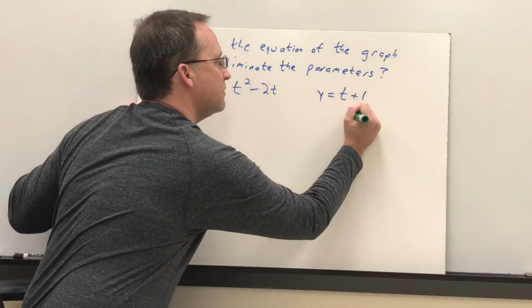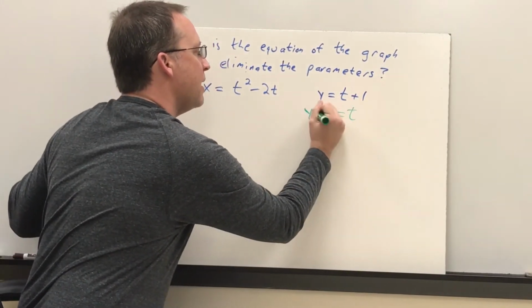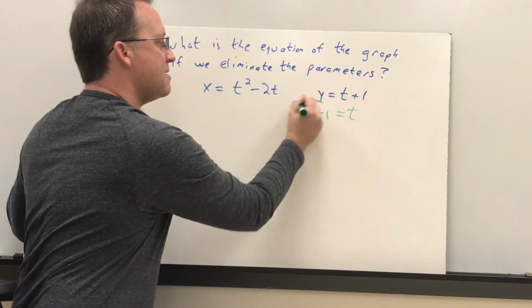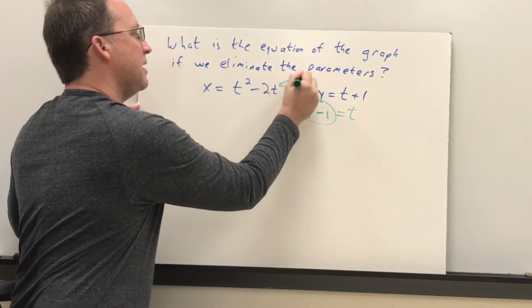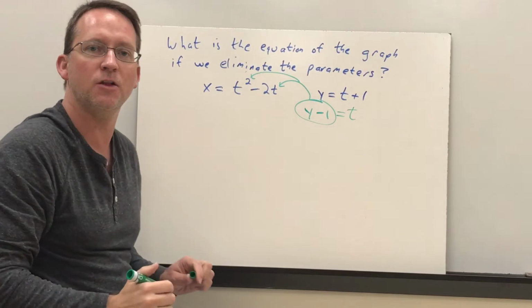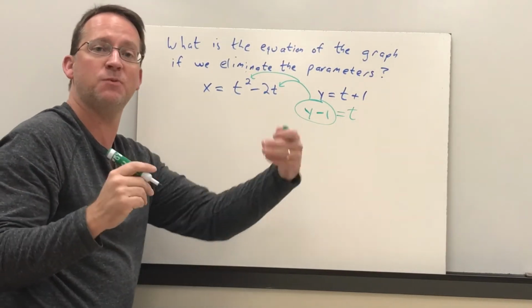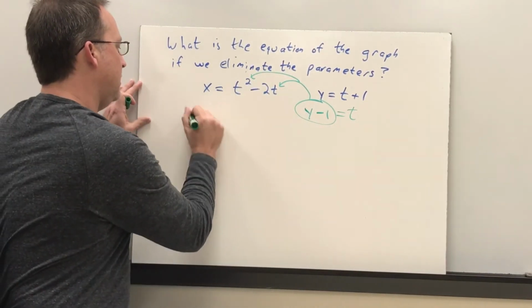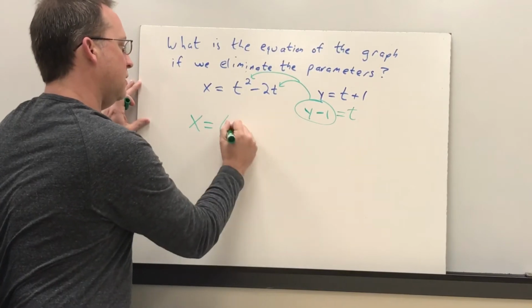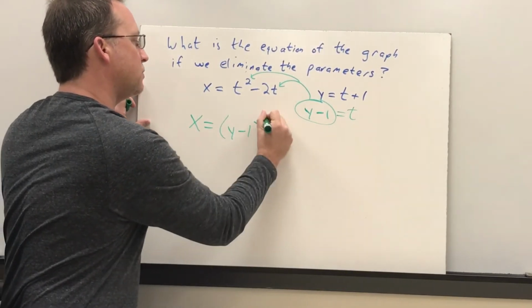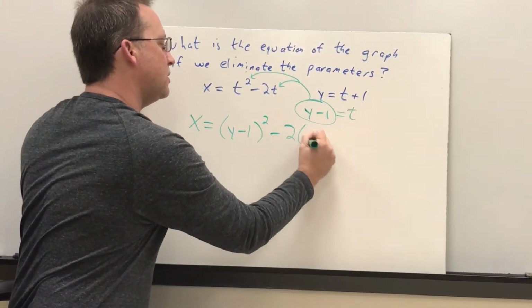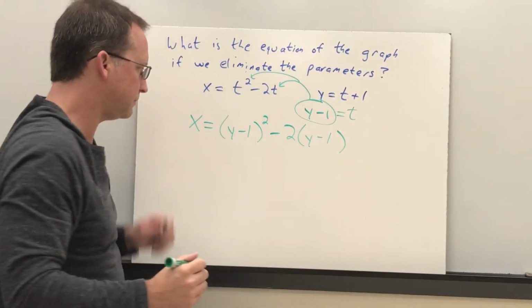I've got t equals y minus 1, and I'll take that expression for t and substitute it into the other equation. So now instead of x being in terms of time, x is going to be in terms of y minus 1 squared, minus 2 times y minus 1.